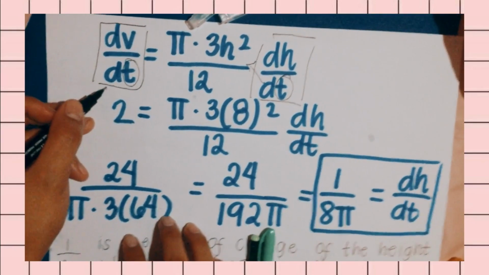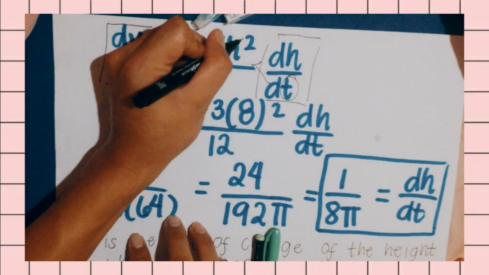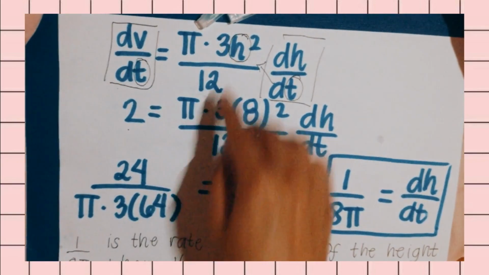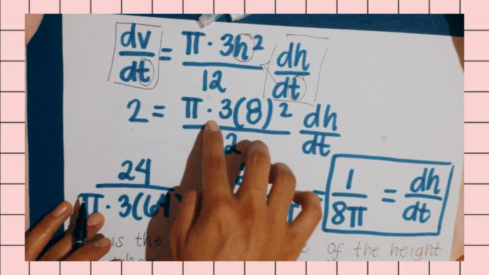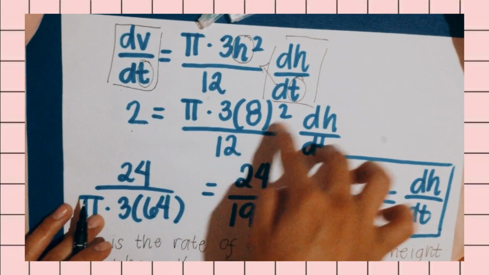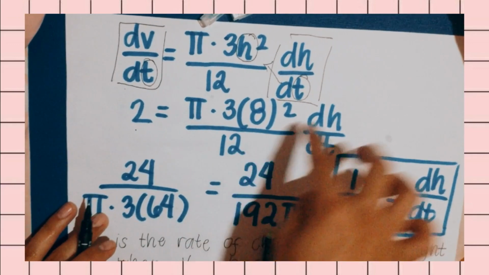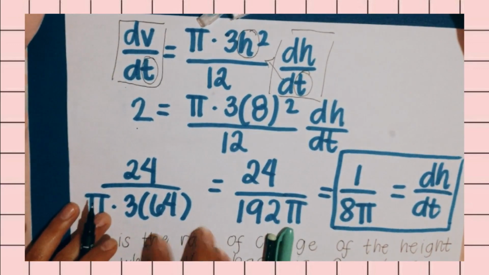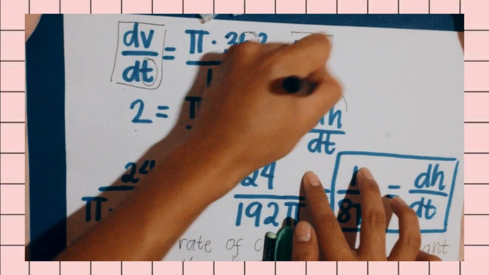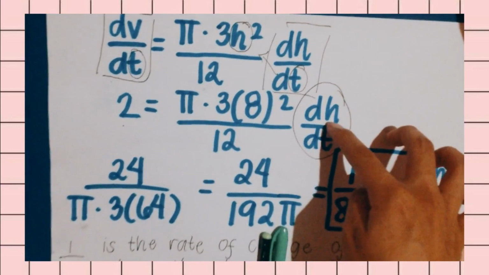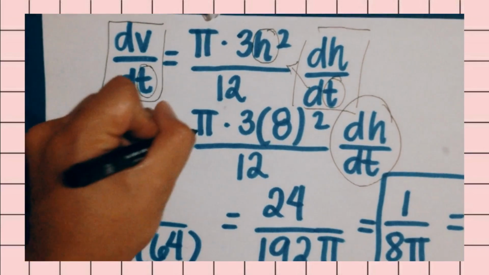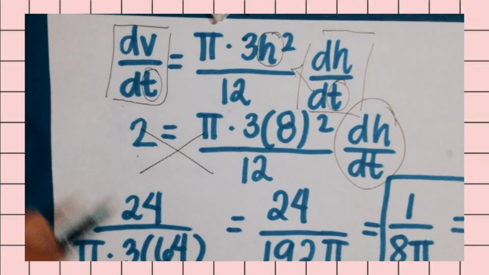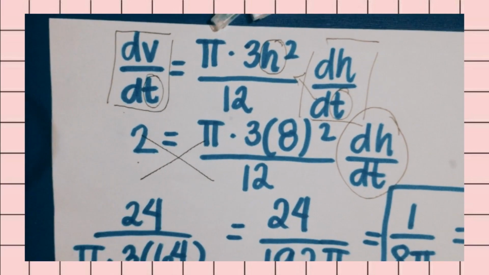So dV over dt is 2, and let us substitute h, and the height is 8. So 2 is equal to pi times 3 times 8 squared over 12 times dh over dt. Now, in order to find the rate of change of the height, the unknown value, let us use the cross multiplication rule.